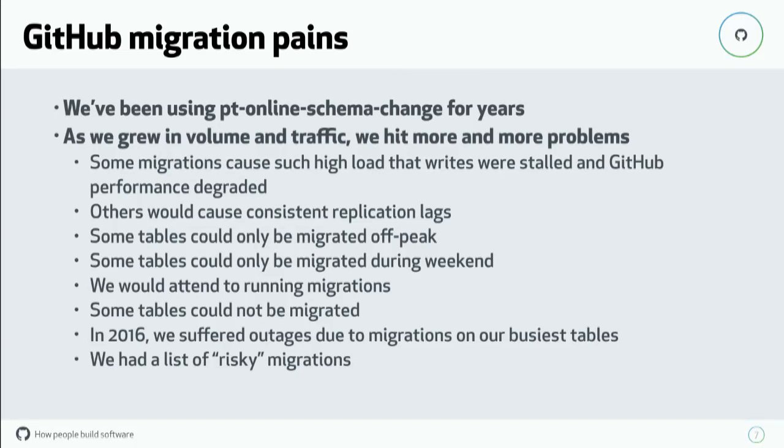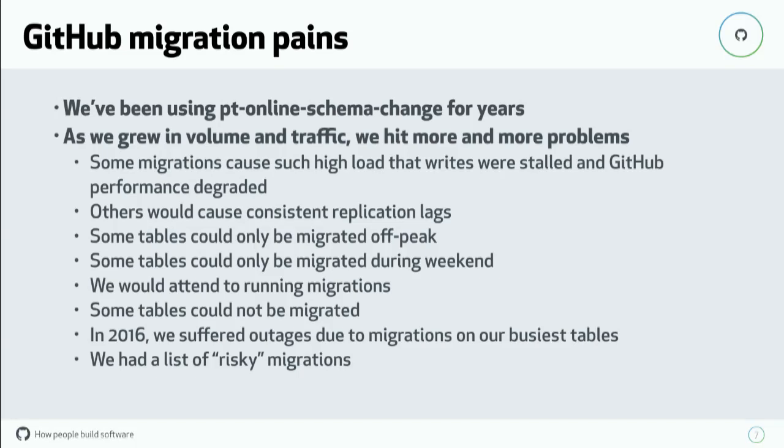So there were problems with triggers. The way that triggers work, you have writes coming into a table, and then those writes have to happen not only in that table, but in another table. And this builds up the number of threads that are running in your database. We were noticing that that was causing stalls in the worst case scenario.